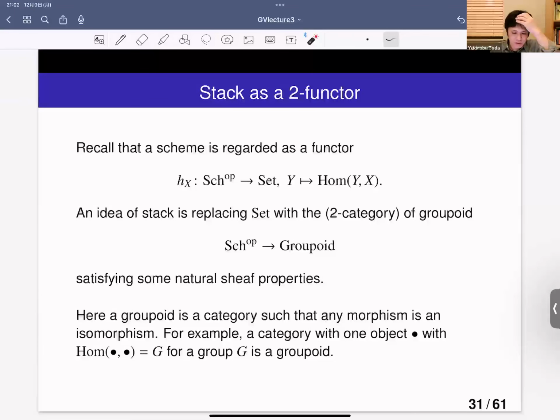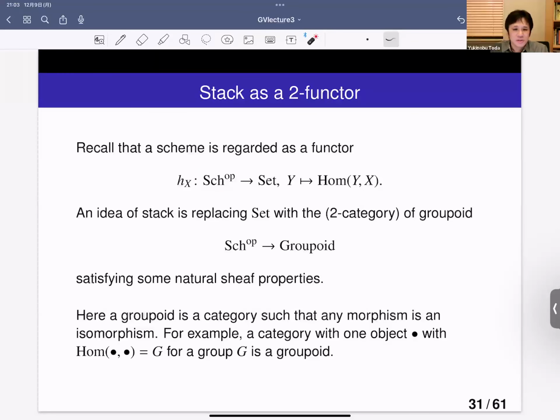So let's recall that a scheme is regarded as a functor from the opposite category of schemes to sets. This was given by sending Y to Hom(Y, X). So this was just the Yoneda embedding. In this way, we consider the moduli space as a functor from here to here.